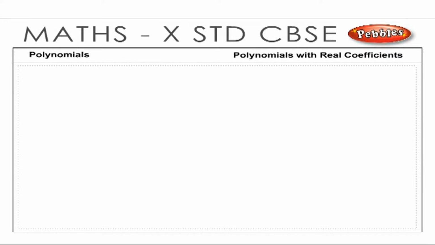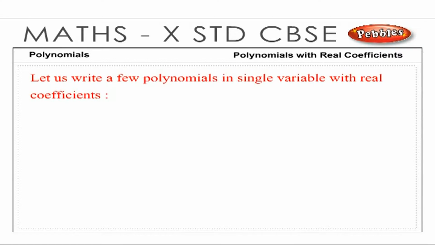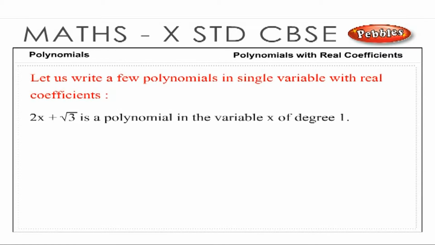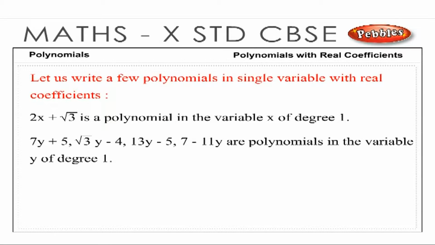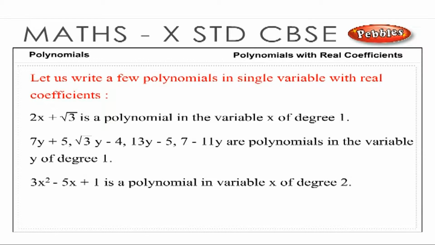Polynomials with real coefficients. Let us write a few polynomials in single variable with real coefficients. 2x plus root 3 is a polynomial in the variable x of degree 1. 7y plus 5, root 3y minus 4, 13y minus 5, 7 minus 11y are polynomials in the variable y of degree 1. 3x squared minus 5x plus 1 is a polynomial in variable x of degree 2.